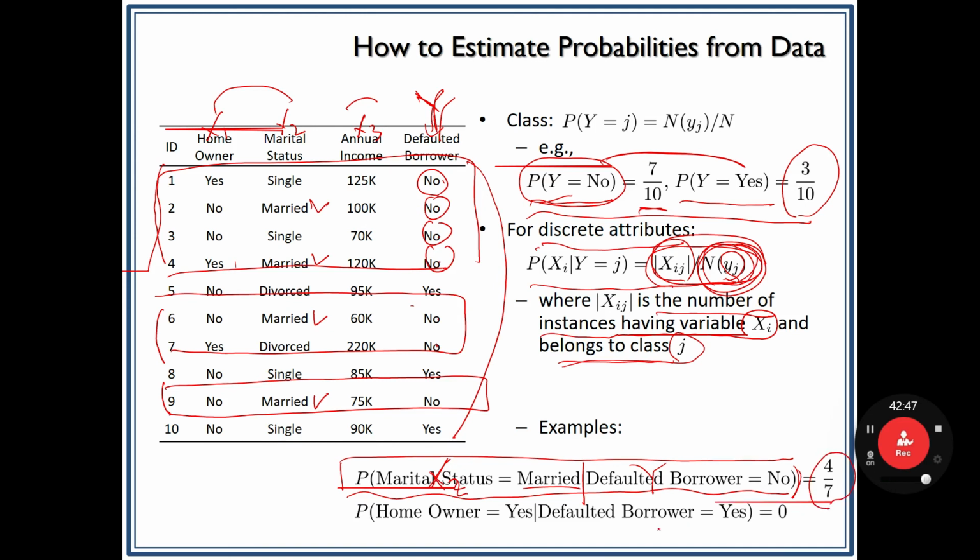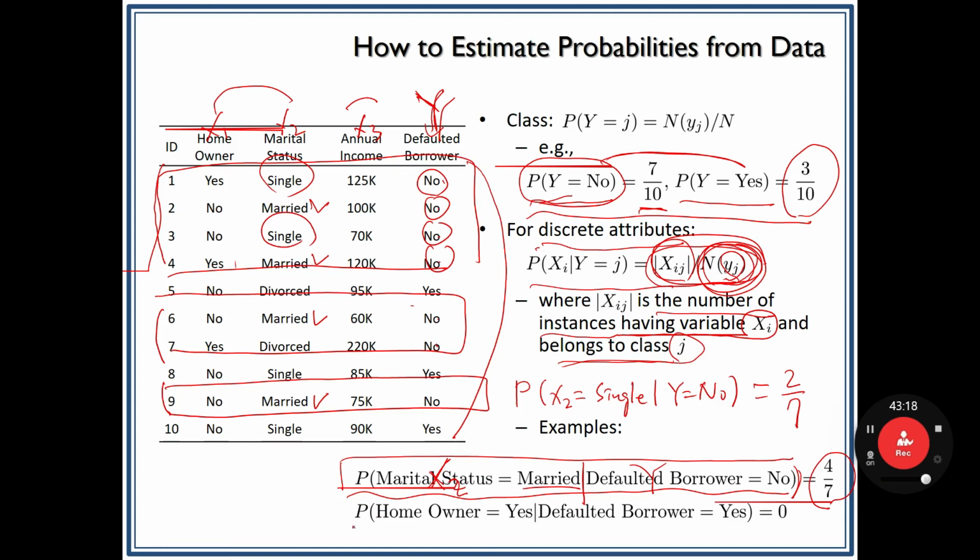Then for another example, what is the probability that x2 is single given y is no? Among those 7 rows, count the number of rows having single on x2: 1, 2, right? So this probability becomes 2 over 7.